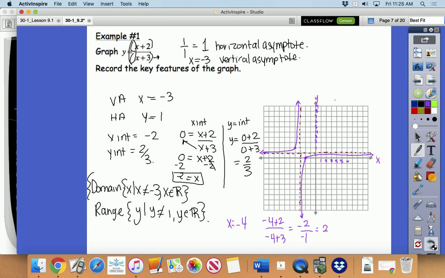Actually, this should be 1, 2, 3, 4, 5, 6, 8, 9, 10, there you go. Okay, so label your graph correctly, continue labeling, and then just make sure all those features are included.